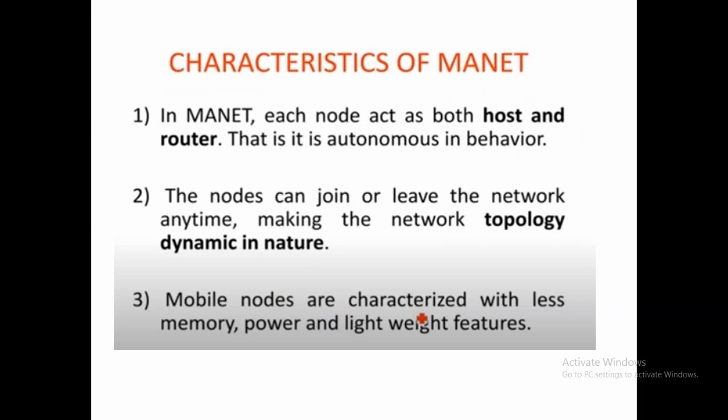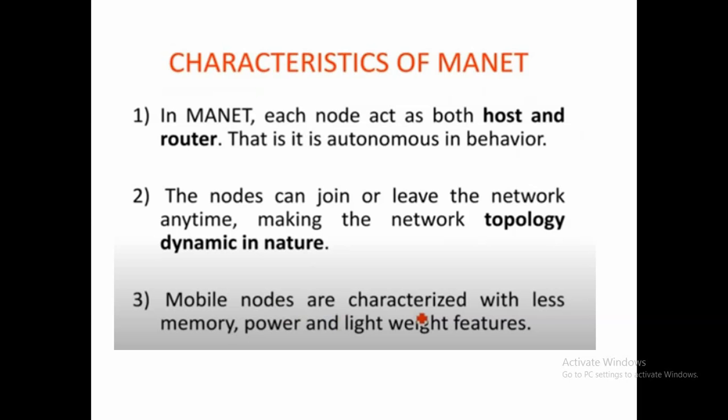Now we are seeing the characteristics of MANET. What are the characteristics of MANET? The major ones are dynamic topology, bandwidth-limited connections, energy constraints, and limited protection at the physical level.